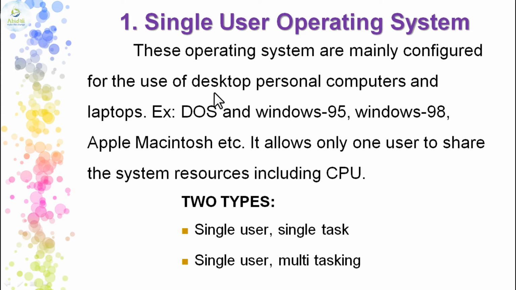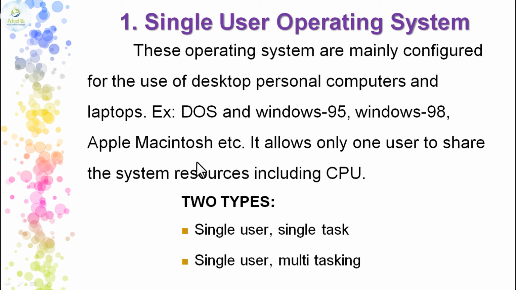The most popular types of single user operating systems were DOS, which stands for disk operating system, and Windows 95, Windows 98, Apple Macintosh operating system, etc. These are all examples of the single user operating system. This will allow only one user to share the system resources, including the CPU.